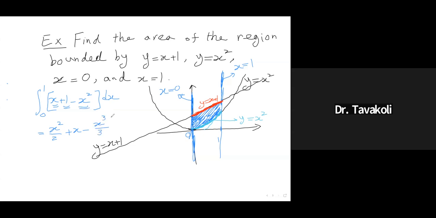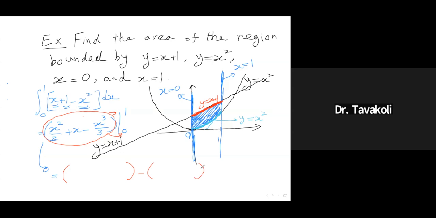And I need to evaluate this at the limits of the integral and do the subtraction. So let me continue the calculation here. That antiderivative should be evaluated at 1, minus the evaluation of this at 0. And we should do the subtraction.